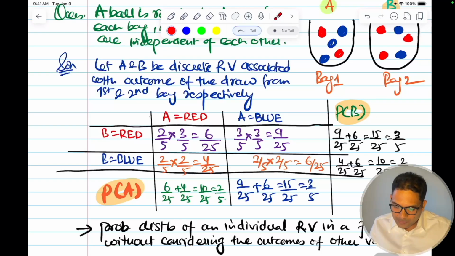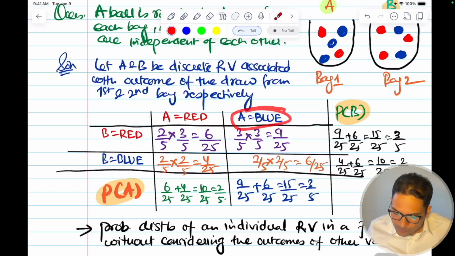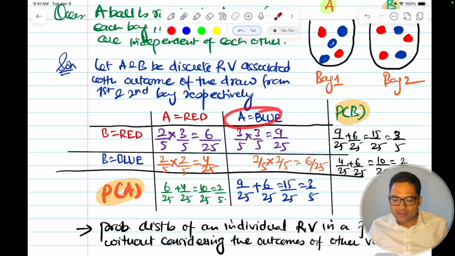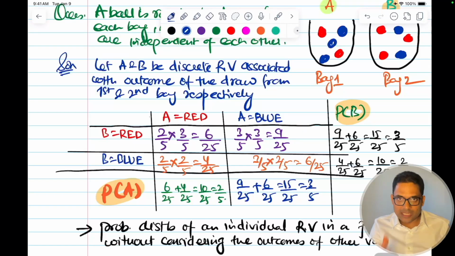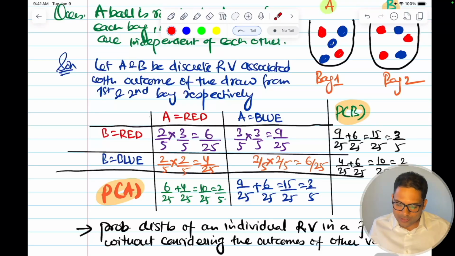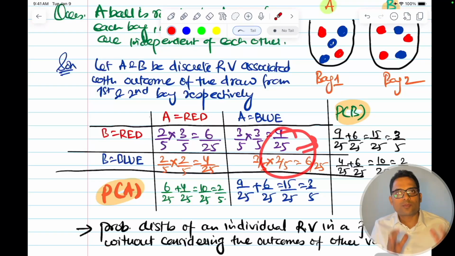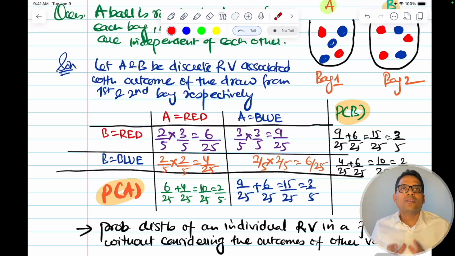So what does this mean? That getting a blue ball in the first draw or first bag. So this is your 3 blue balls in the first bag. So for all these values, we have kept the other one as constant or summed it up across all the possible values, so the probability of the other variable becomes 1. So whatever remains is the first variable only.